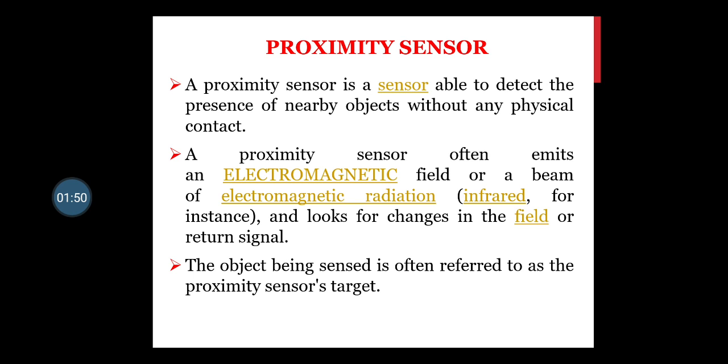So that electromagnetic radiation is emitted by the proximity sensor, and if there is a change in the pattern of that beam, or if the return signal is coming back and is caught, depending on that it can detect whether there is any nearby object. The object being sensed is often referred to as the proximity sensor's target.